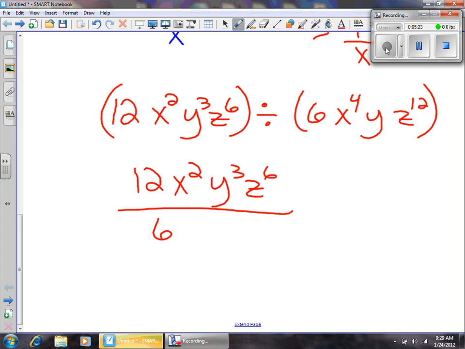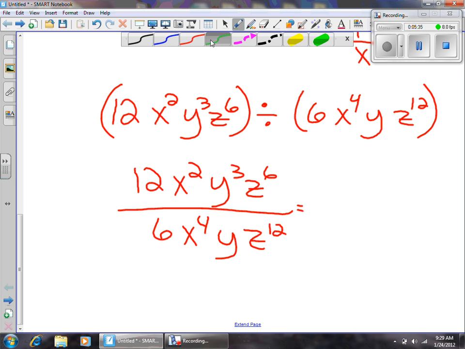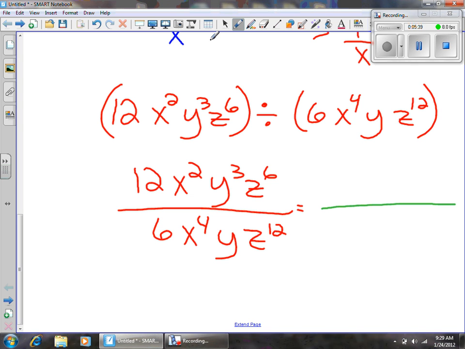It makes it so much easier for me. And then I'll go ahead and do it. Now, I know my answer is going to be some type of fraction, even if it ends up being a fraction over 1. Well, 12 and 6 simplified to 2 over 1. So I have a 2 in my numerator. I have a 1 in my denominator, but I'm not going to write it unless I need to.